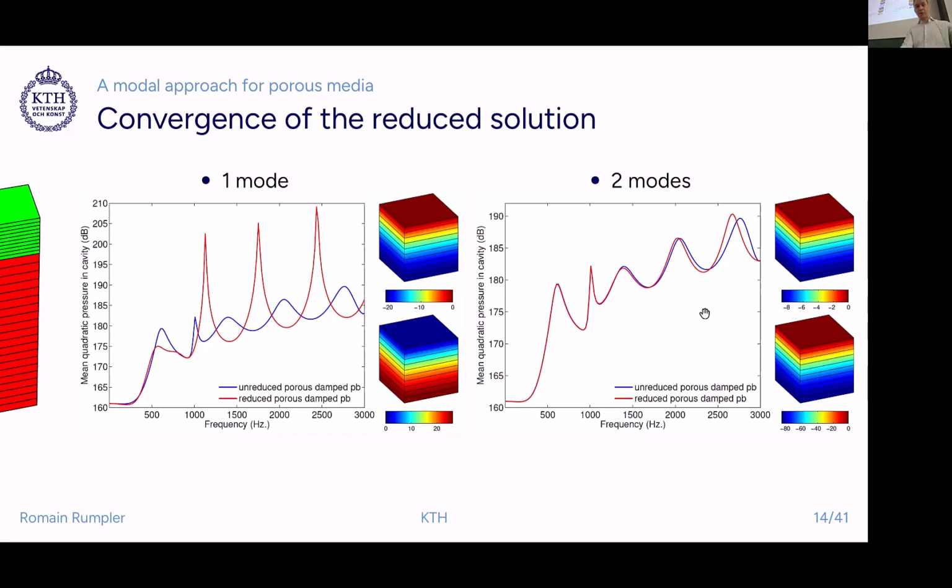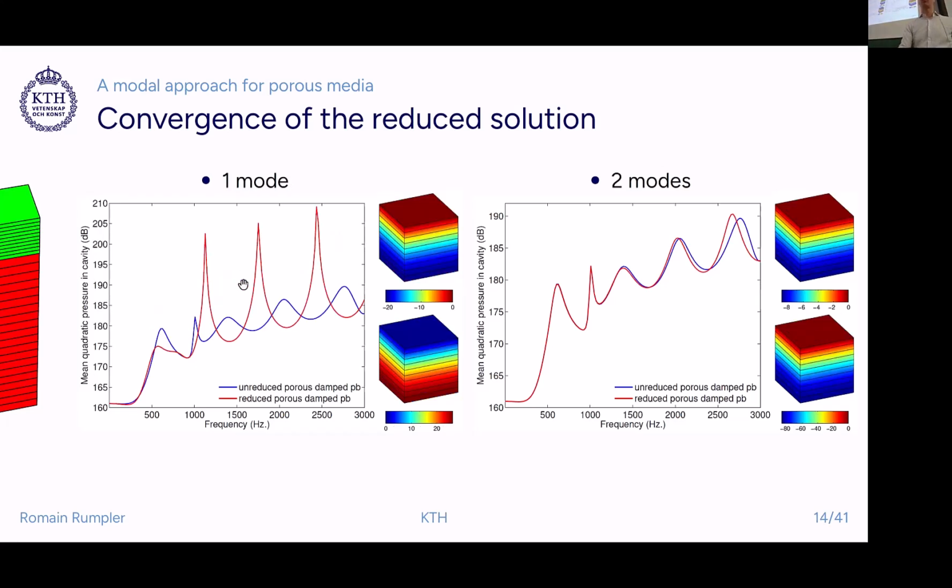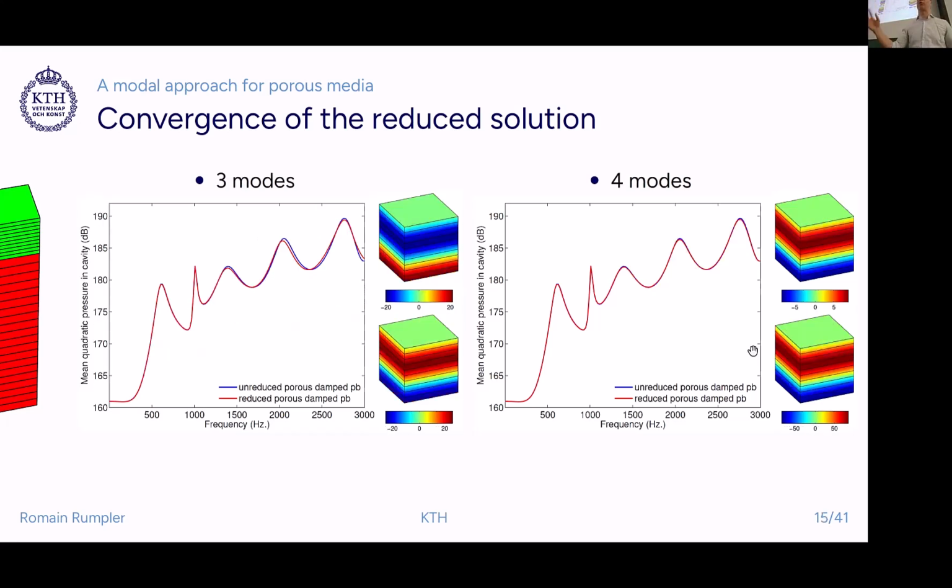Then we can continue to enrich the basis by adding modes. A third mode brings no major improvement compared to the first two. And when we have two pairs of modes put together for the compressional aspects, you start to have a decent response with only 4 modes of the original full order model problem.